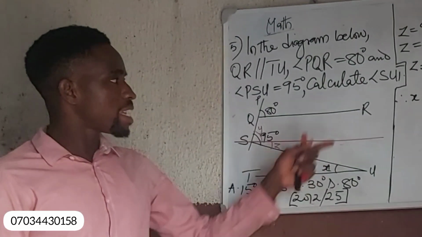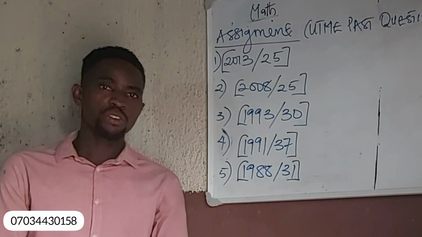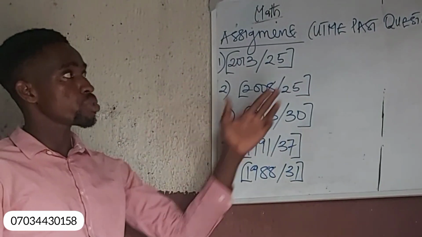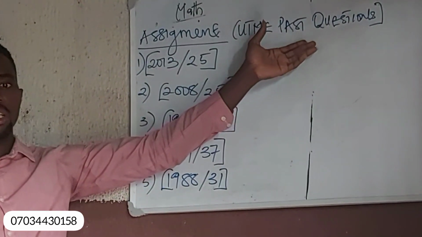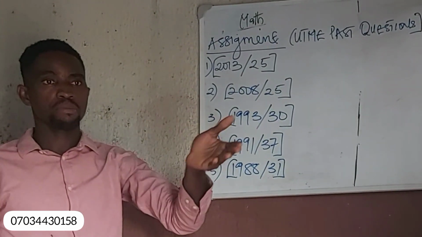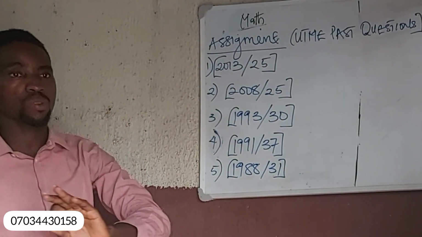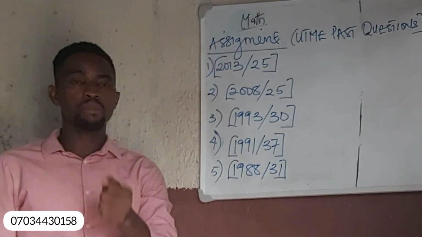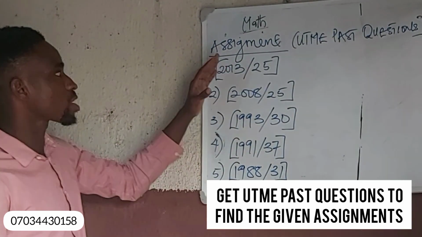So for the assignments, look for JAMB UTME past questions. You can get them anywhere, UTME past questions. But if you can't buy them as hard copies, you can browse for these questions online.